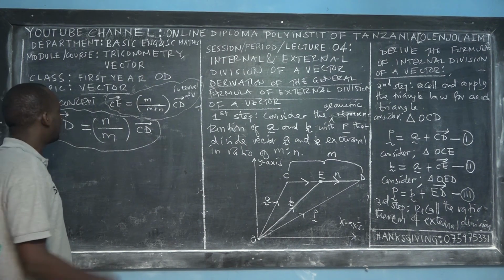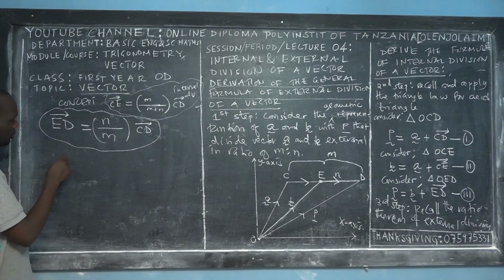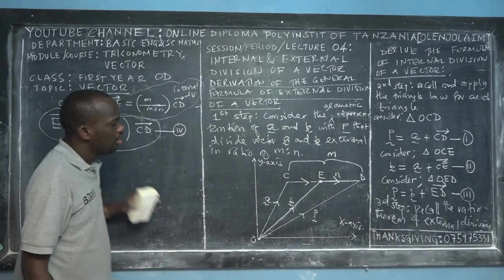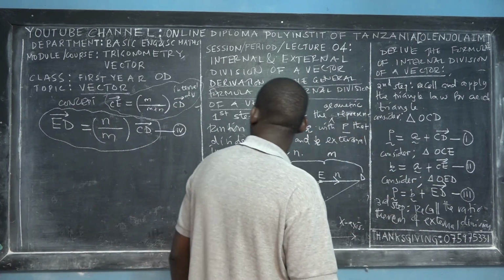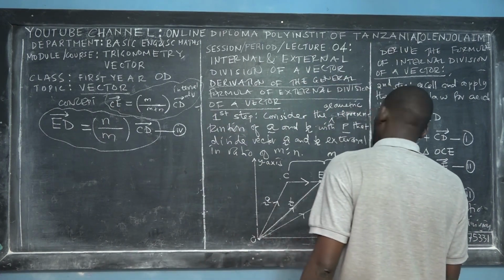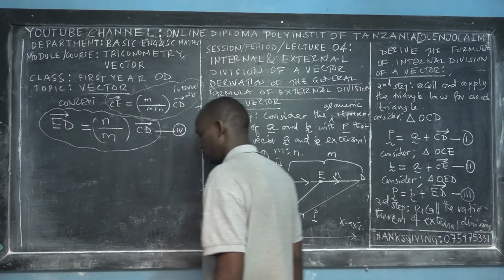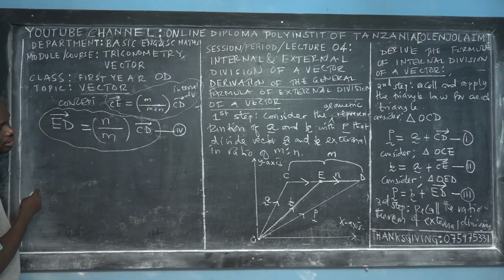By using only this one, we can now deduce our general formula. How? This is the fourth equation. We can substitute equation 4 into equation 3.